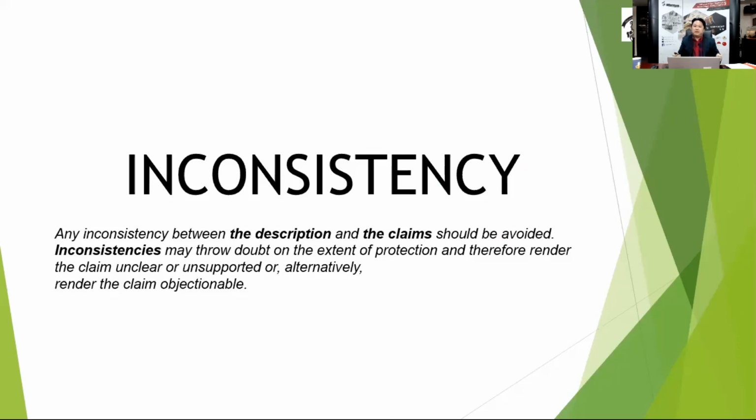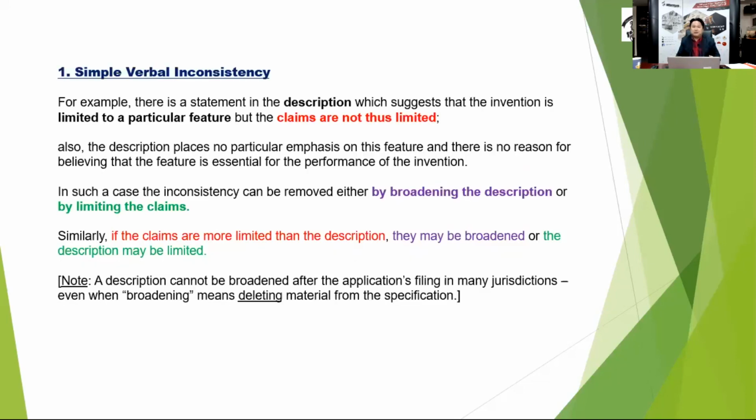Let me give you just a quick one. Inconsistency. What's meant by inconsistency is that if the descriptions and the claims are inconsistent, then you have some problems. You must make sure that whatever you have written in the claims is consistent with your descriptions. So if the descriptions are limiting a particular feature, but the claims are not, then you either broaden the description or limit the claim.